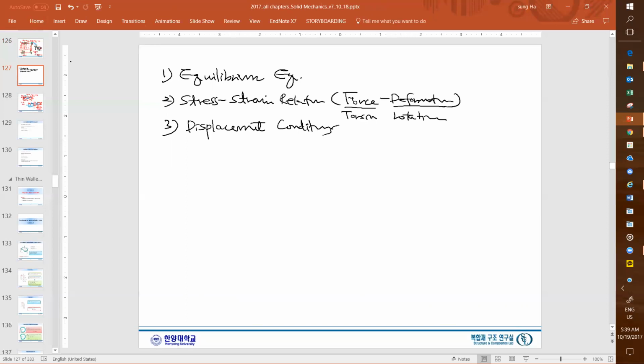So let's consider the first equilibrium equation. We have many shafts connected together. Let's say we start from the first one, and here we consider this part as the equilibrium, or draw the free body diagram.